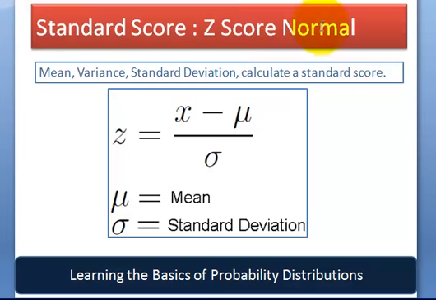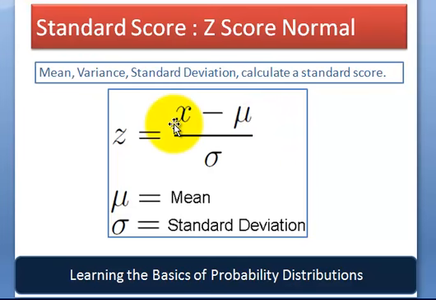So for a normal curve, and there's all sorts of standardized scores, a Z-score is a common one. It's our x value compared to the mean, whatever our value is.